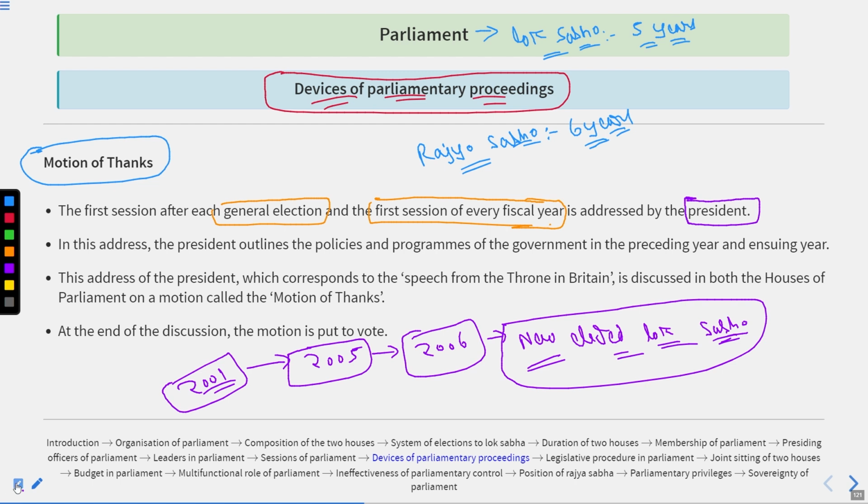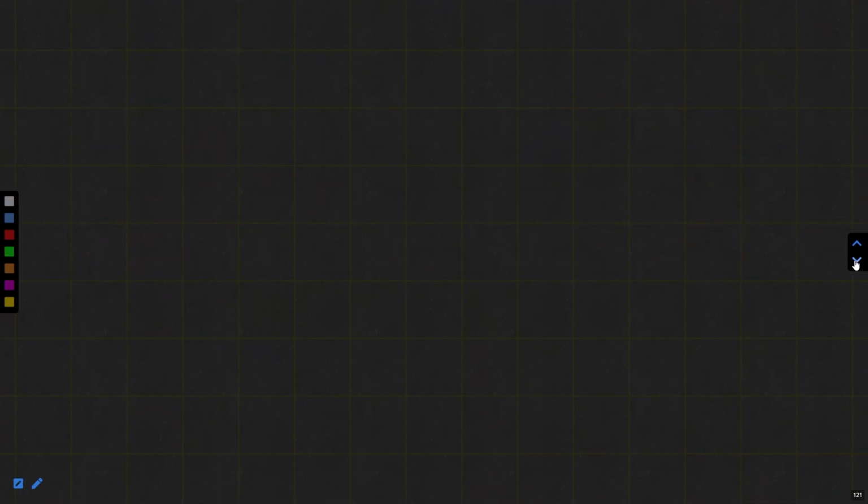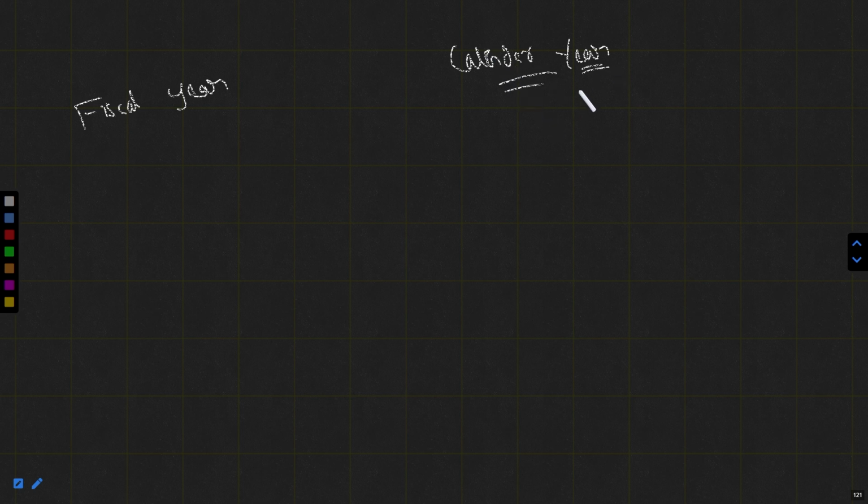All right. So we had already discussed the difference between the fiscal year and the calendar year. Like we know, the calendar year is a normal year, and basically it is used for general administrative and domestic purposes. It starts from 1st January and ends on 31st December.